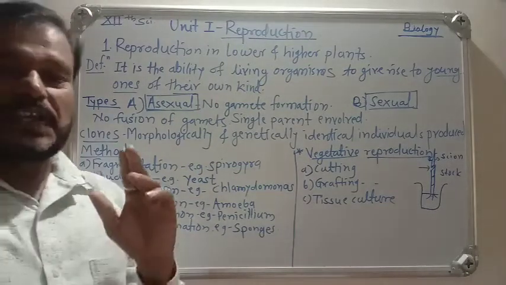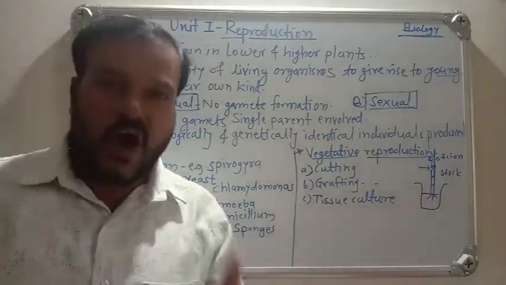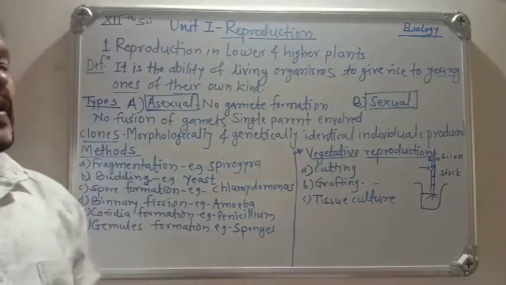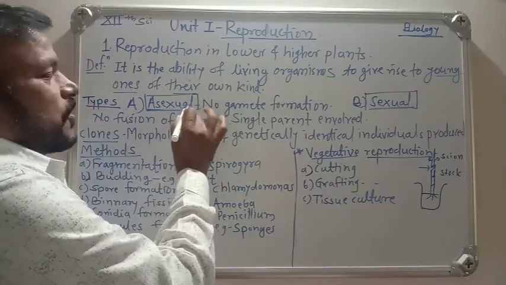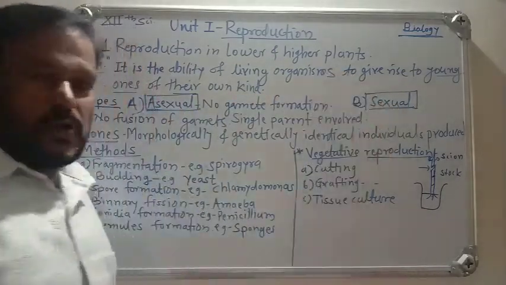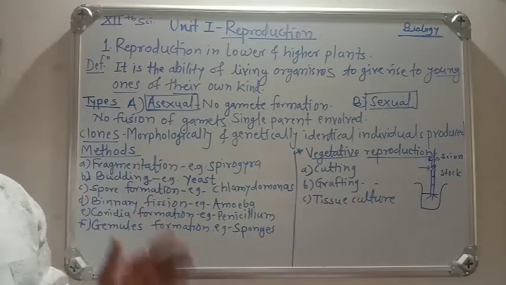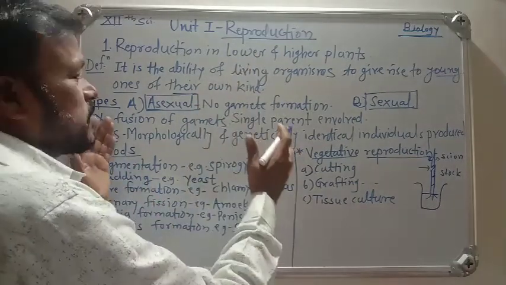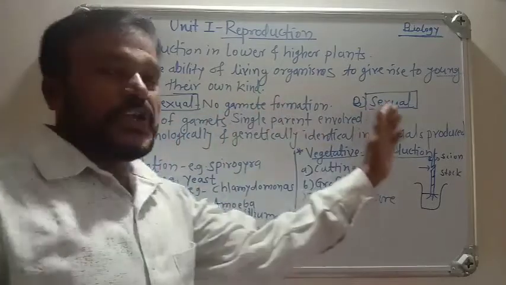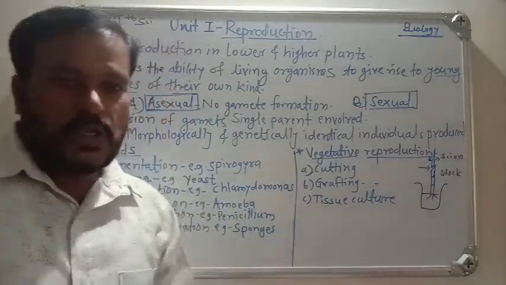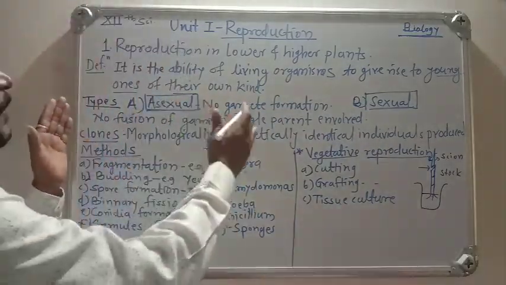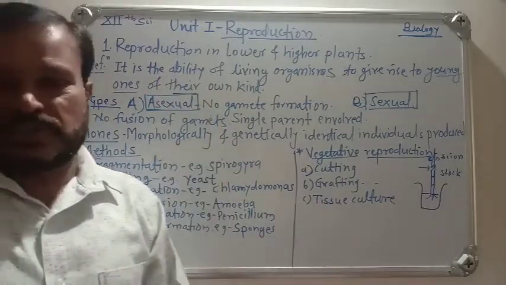Generally, reproduction takes place by 2 methods in all living organisms, that is asexual reproduction and sexual reproduction. This topic contains mainly 2 parts. Today we are going to complete asexual reproduction.